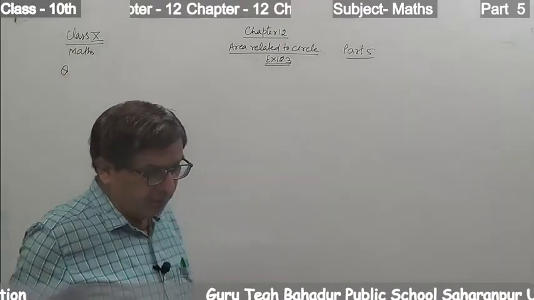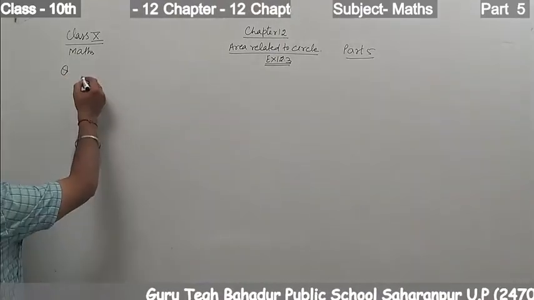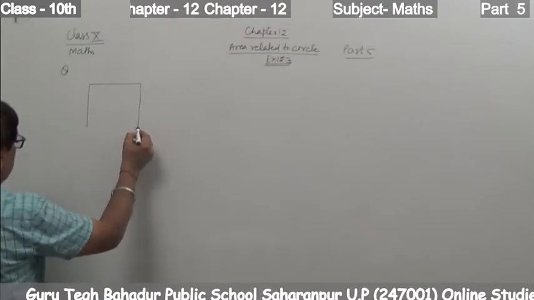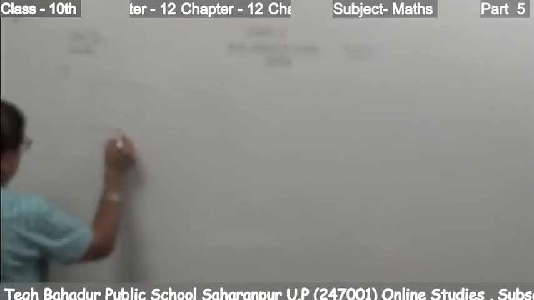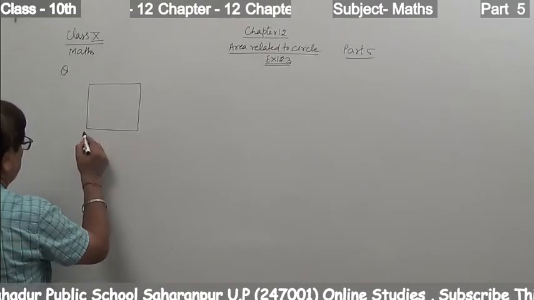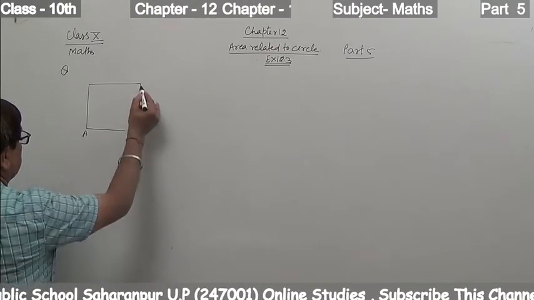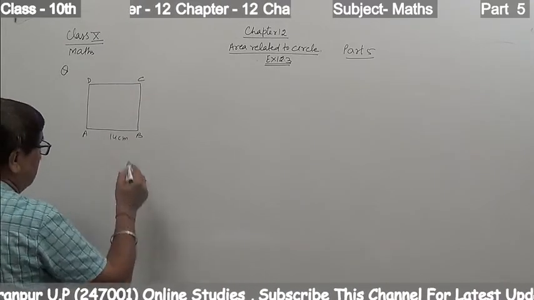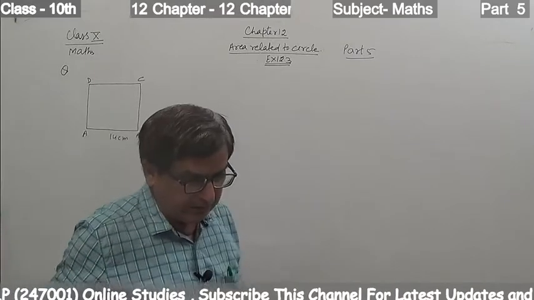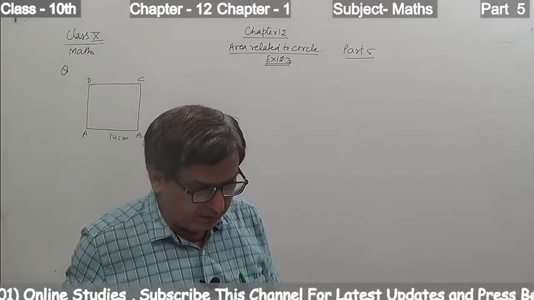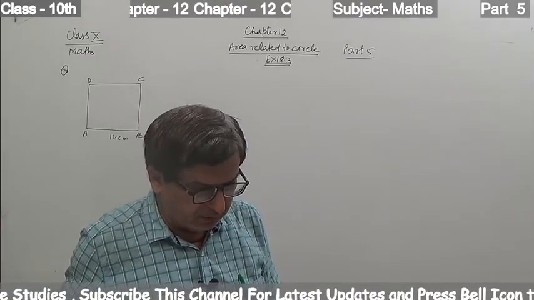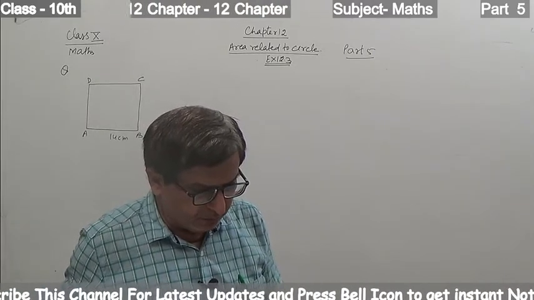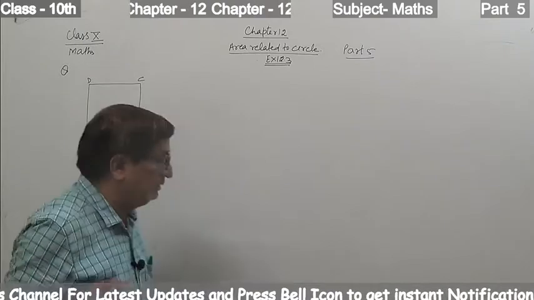It is given to you ABCD is a square whose side is 14 centimeter. With centers A, B, C and D, 4 circles are drawn such that each circle touches externally 2 of the remaining 3 circles.